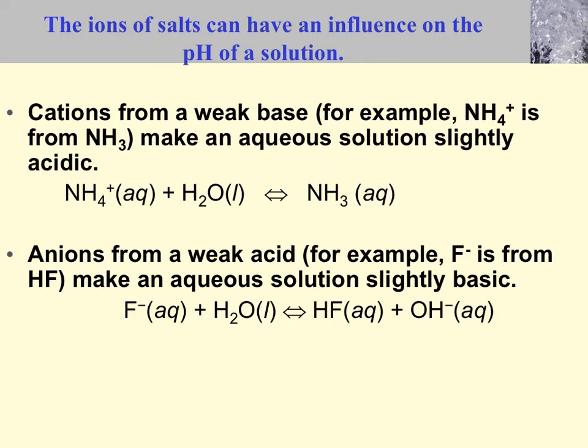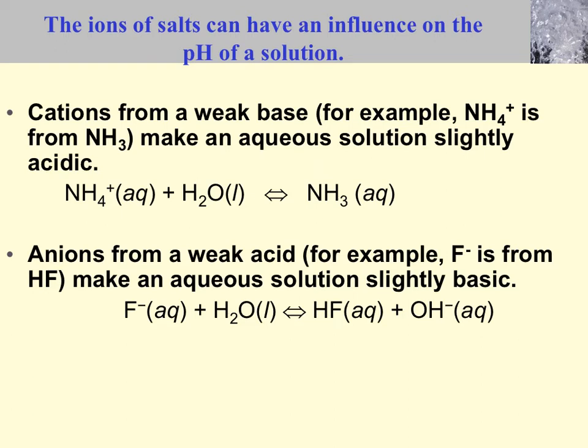What's challenging when you're dealing with the acidity of salts is that, in order to determine whether or not they make a solution acidic or basic, you have to think backwards to where the cation or anion was derived, and that can get tricky. So this may not make sense for the next couple slides, but hang in there, and I think it ultimately will make sense.